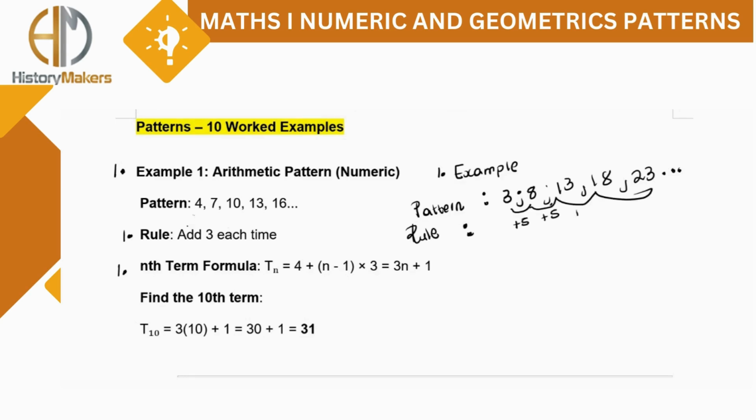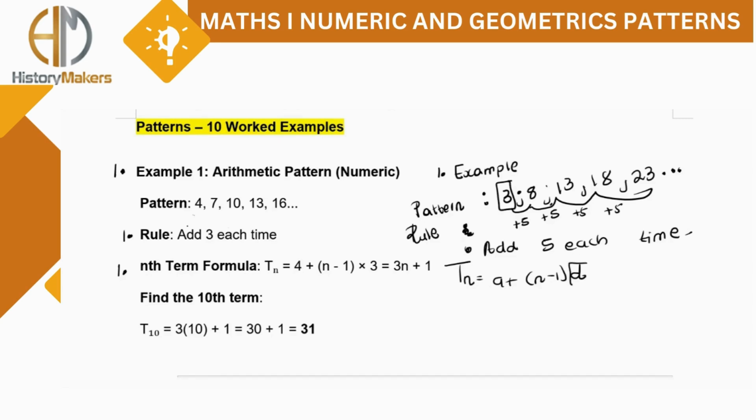So that is our constant difference, plus 5. So our rule in words can be written as add 5 each time. Let us try to find the nth term. Our Tn is equal to a plus (n minus 1) d. Remember, our a is the first term of the sequence, which is 3.